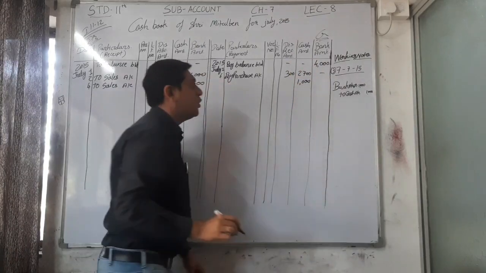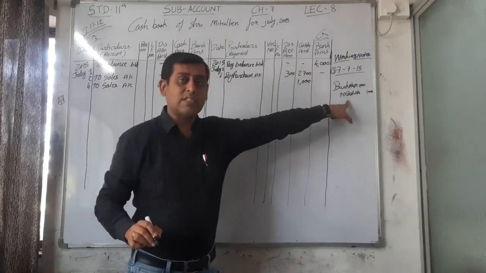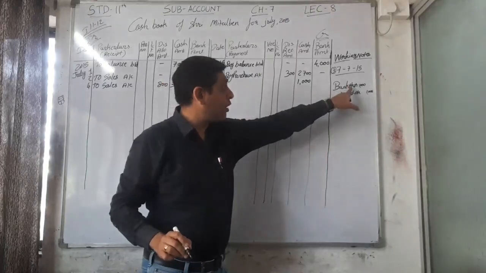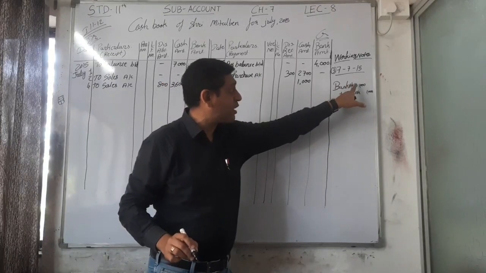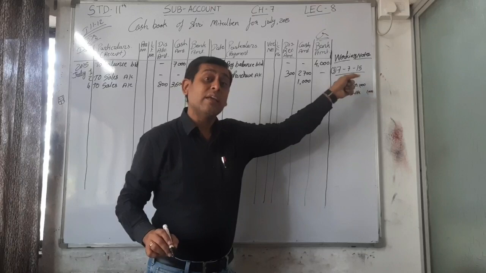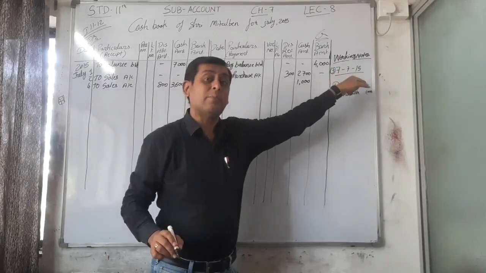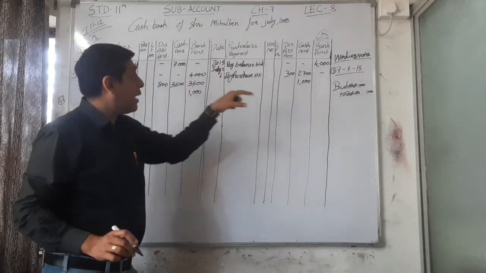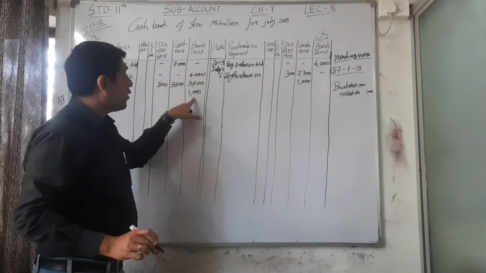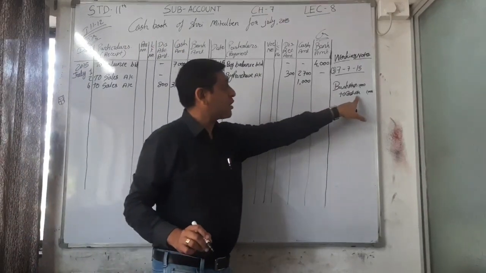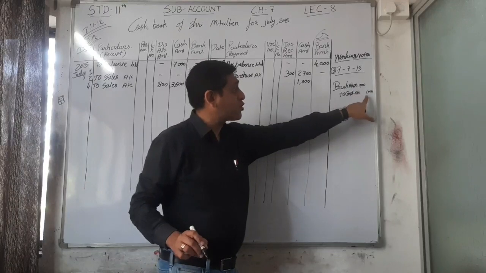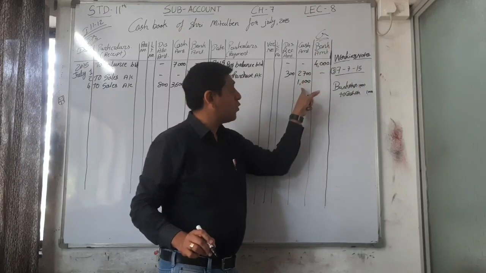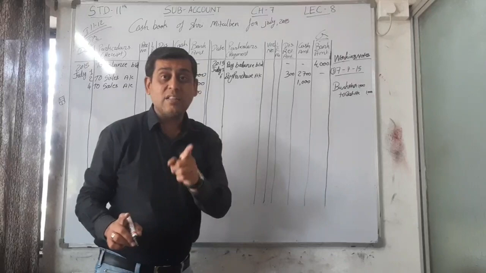First of all we have to record the journal entry as a working note, and then whichever account is debited, we have to record in that particular column at that particular side. Bank account debit, so in the bank column debit side we have to write down 1000. Cash account credit, so in the cash column credit side we have to write down 1000.